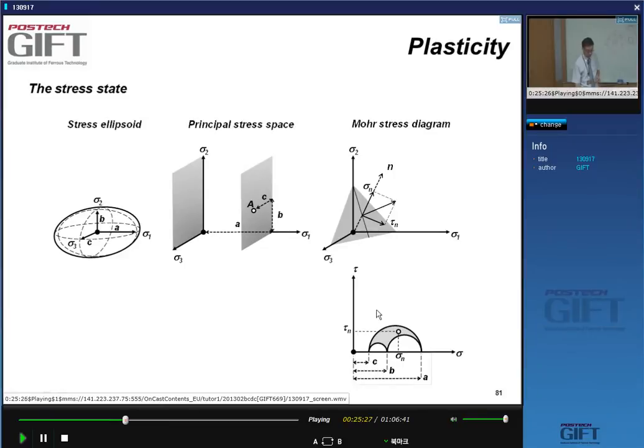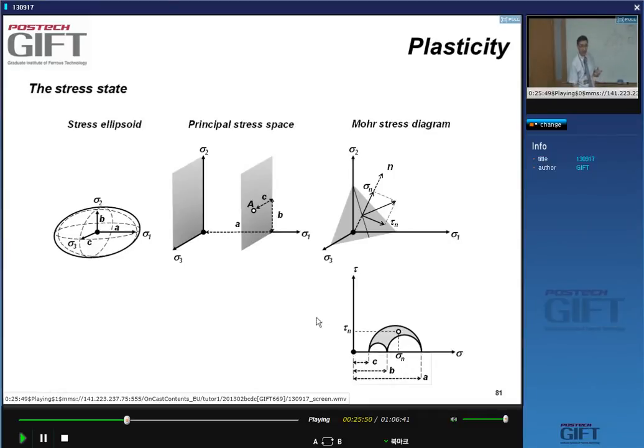And we can, in addition to this, make a Mohr circle construction for 3 dimensions in 2 dimensions, by having a Mohr circle for each set of 2 principal stresses.